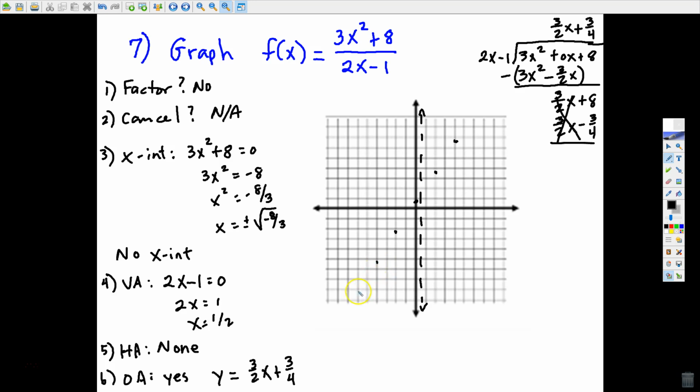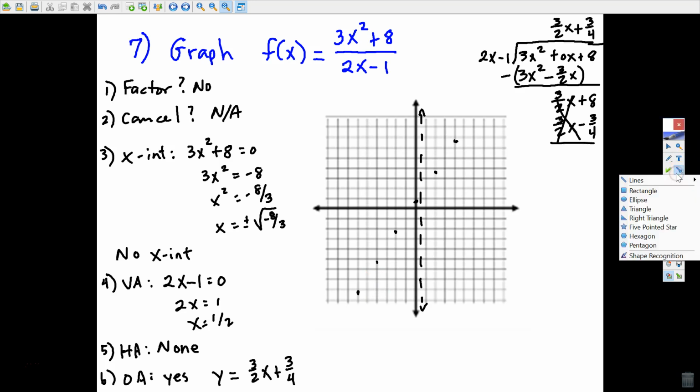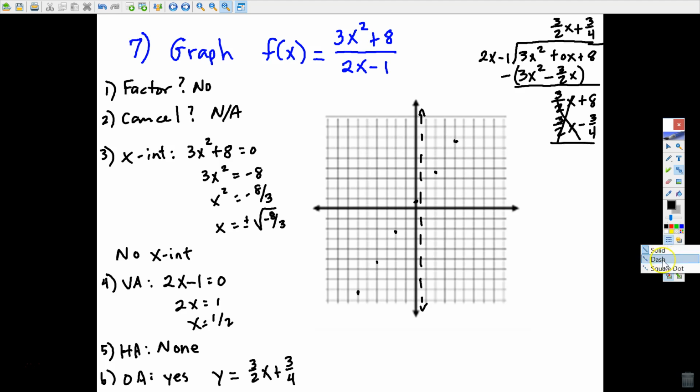All right, and I think we're ready to draw this line. These asymptotes, I typically make them dotted. Let's see if I can line these up pretty well. Okay, that looks pretty good.